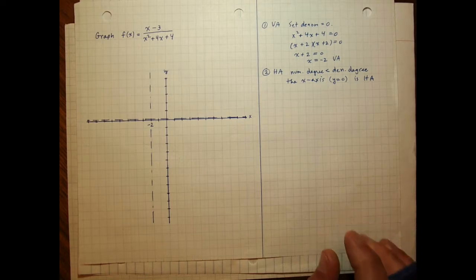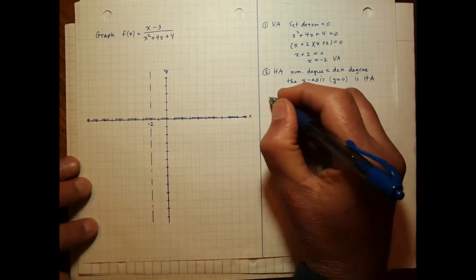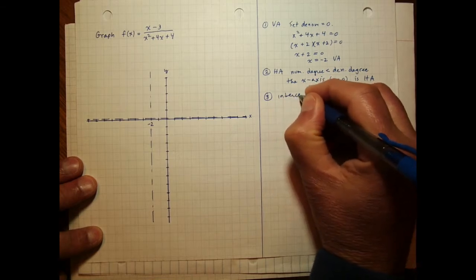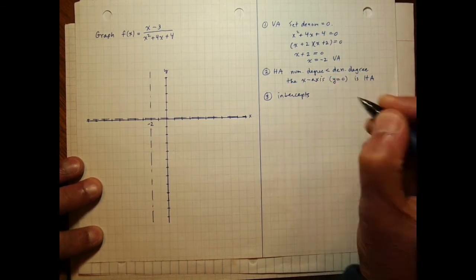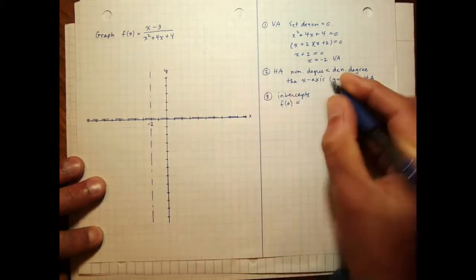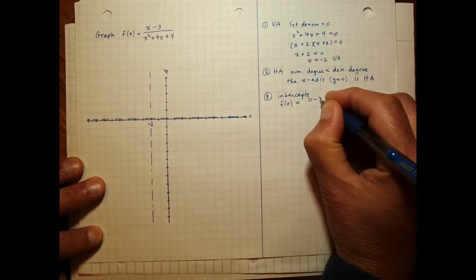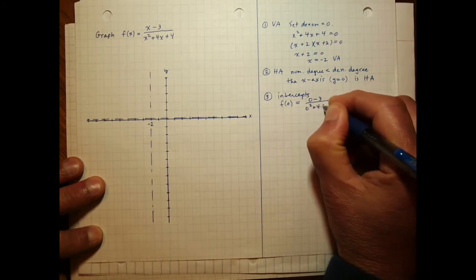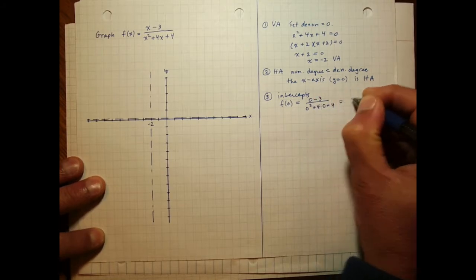Okay. Step 3 is to look for the intercepts. Let's see, f of 0. If I plug 0 into the function, I get 0 minus 3 over 0 squared plus 4 times 0 plus 4.